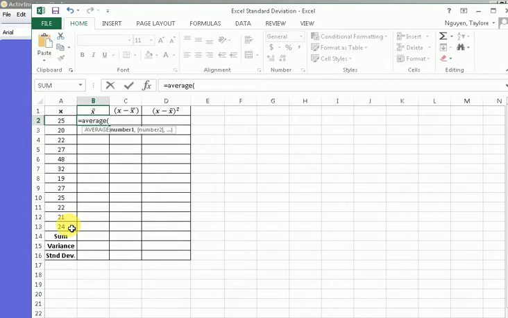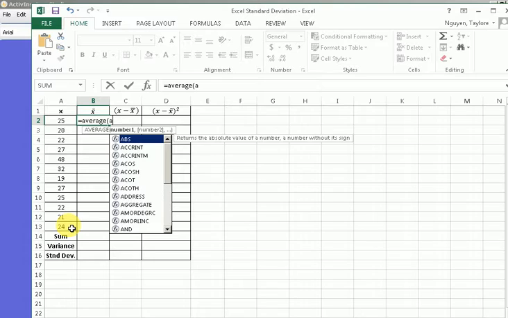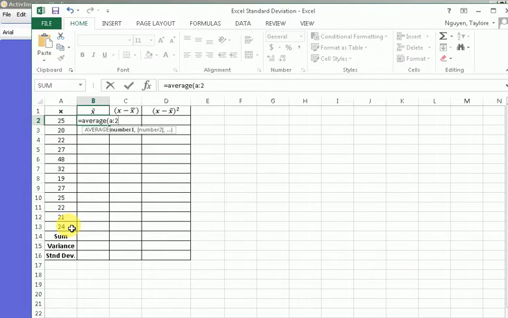So I'm going to type in A2 to A13. Oops. A2 to A13. I'm going to close my parentheses. Now, what's going to end up happening if I do just this is it's not going to give me a single mean. I want the same value, right?